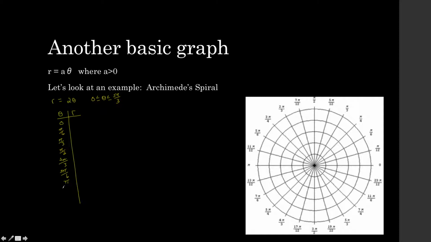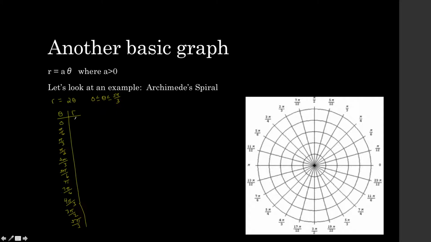It should make the calculations a little bit easier. So 4 pi over 3, 3 pi over 2, 5 pi over 3, and we can stop.